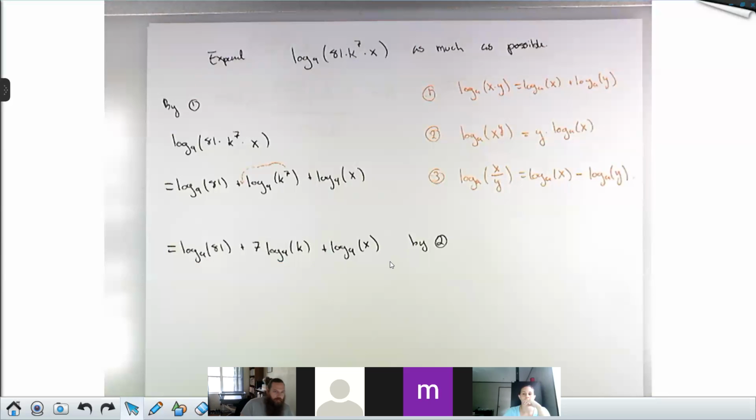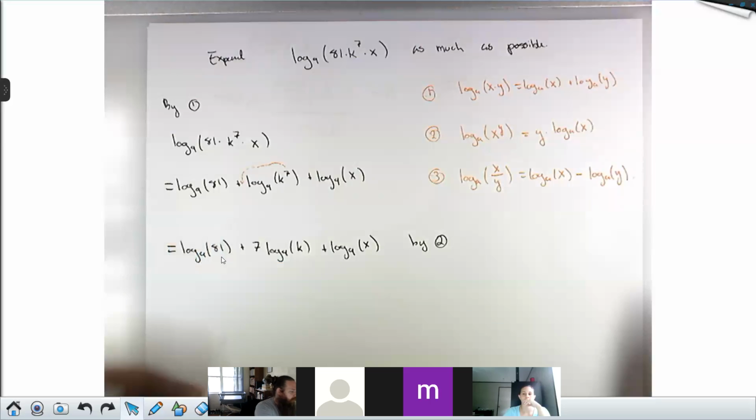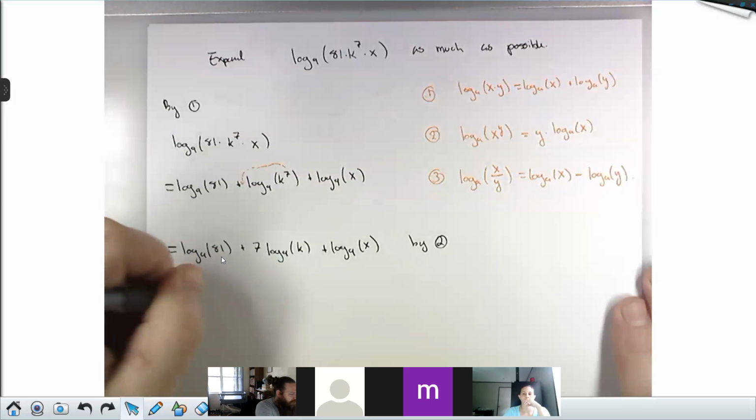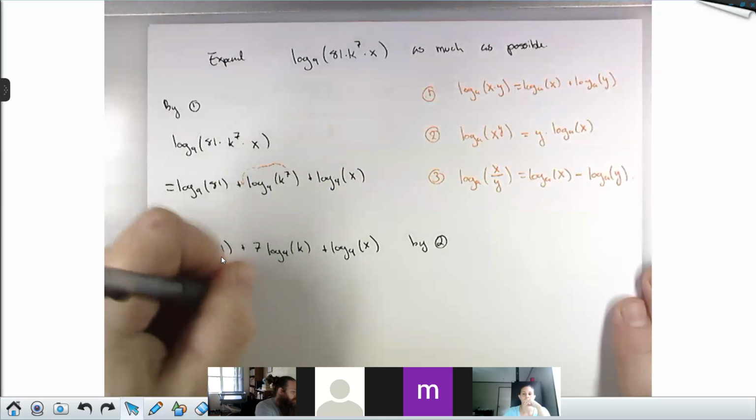Yeah, very good, Mark. The base 9 log of 81 is just a number. To what power must we raise 9 in order to get 81? We must raise 9 to the 2. Or if you want to be fancy about it, you could write 81 as 9 squared.